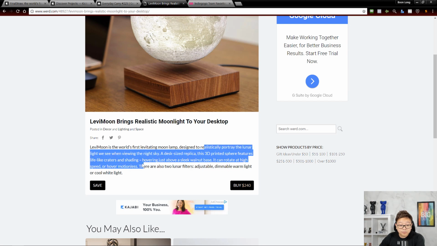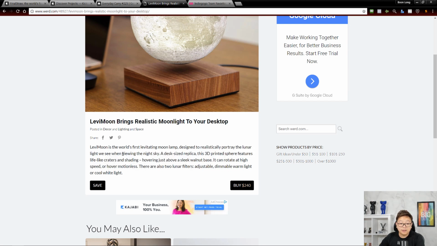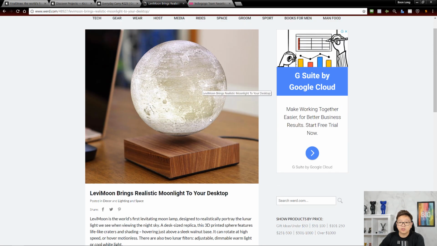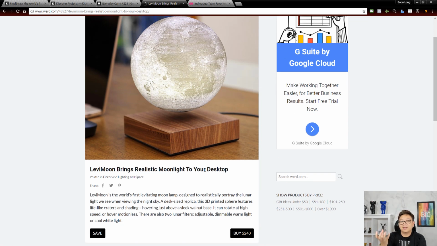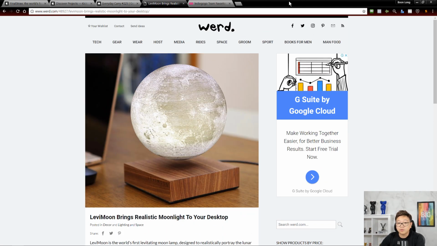Let's see, motionless, it lifts up a little bit, a levitating lamp. I think I saw one which is a bonsai, a plant levitating on the lamp itself. It's really cool, but I'm not sure about how much volume it can move.